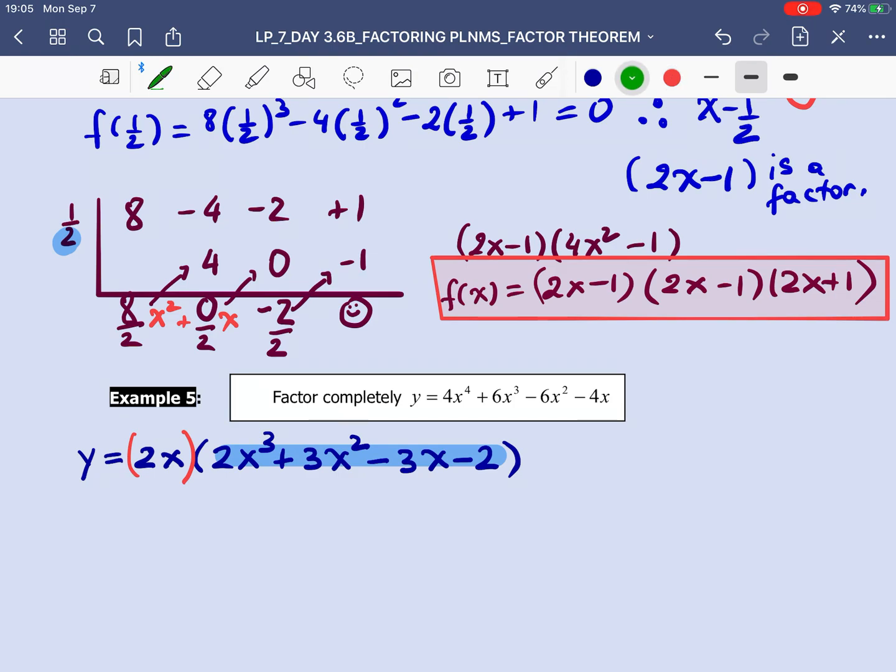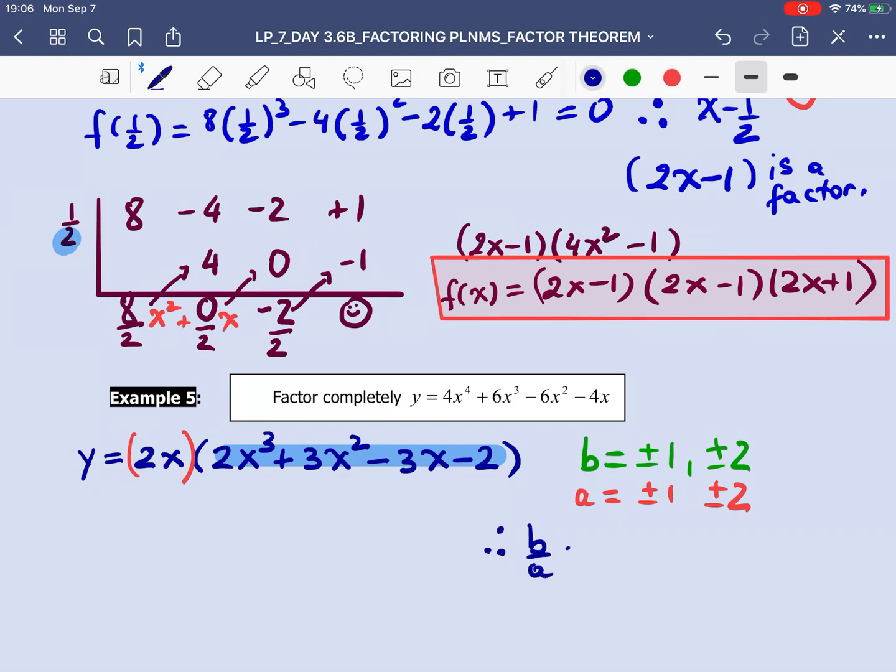So we're going to say that for the possible values of a, maybe we should start with b. We have to refer to the constant term. So we'll say plus minus 1, plus minus 2. And the possible values of a are also plus minus 1 and plus minus 2.